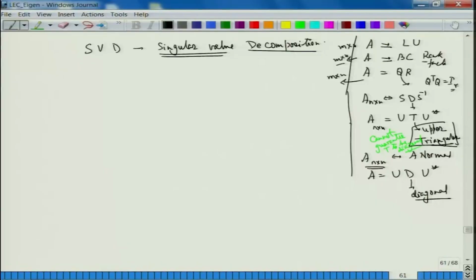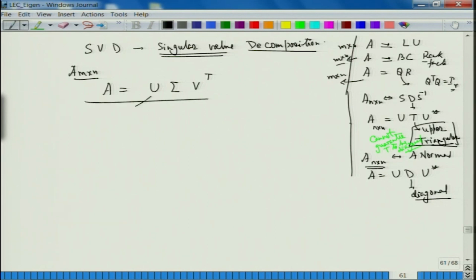So we would like to formulate those ideas in terms of A, which is an M cross N matrix, fine. So what this SVD theorem says is that any matrix A can be written as U sigma V transpose, I think. Yeah, so this is the note that I have.